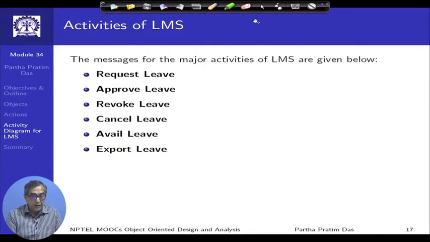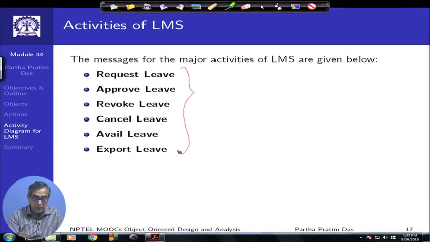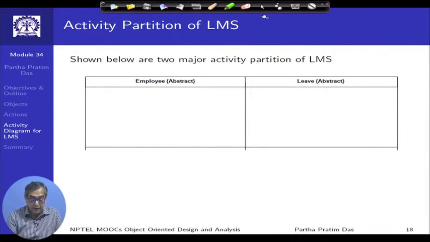The different activities in the case of LMS would clearly be identified from the use cases. So, these are the different use cases that will become major activities in the activity diagram: managing leave in multiple ways, such as request, approve, revoke, cancel, avail, export, and so on. That is simple, based on the use case diagram that we have made.